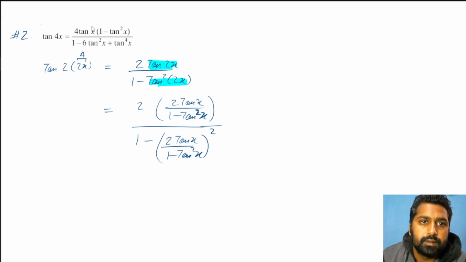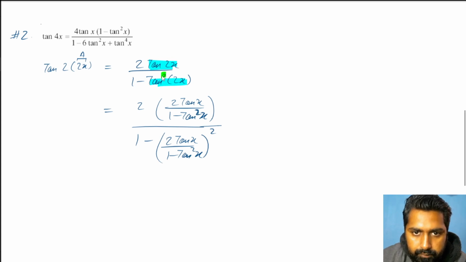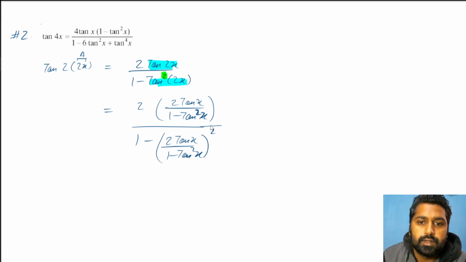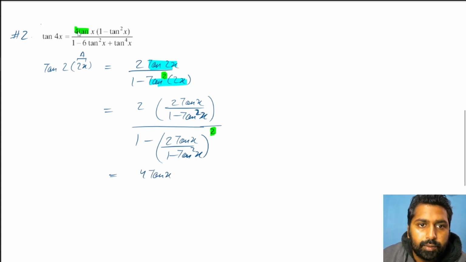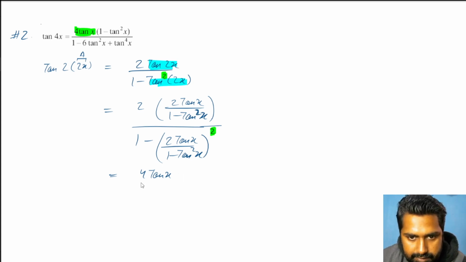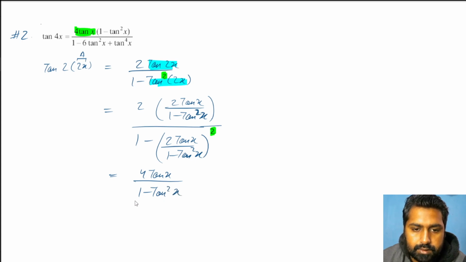Tan square is there, na? This one. Square is also present, na? So this square is present here. So numerator will become 4 tan x. Okay, something is generated, na? 4 tan x is already there, so fine, at least something is generated. 4 tan x upon 1 minus tan square x.